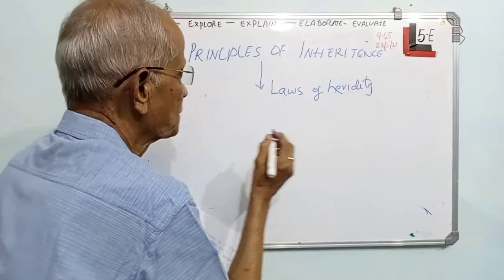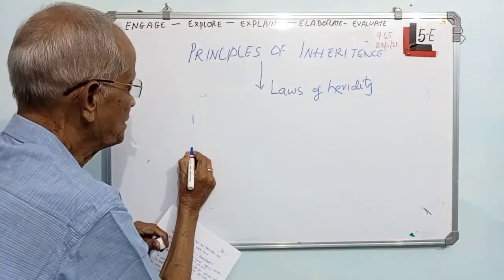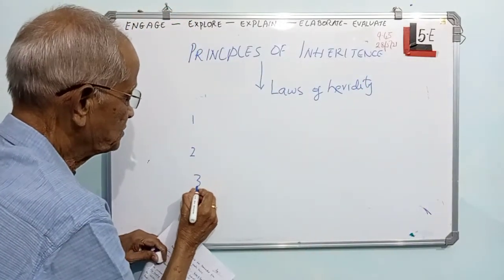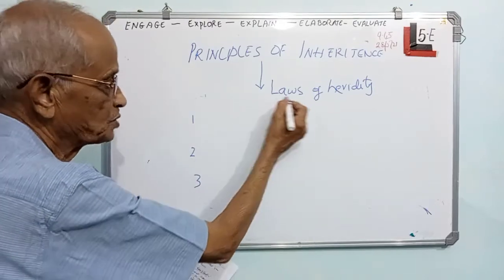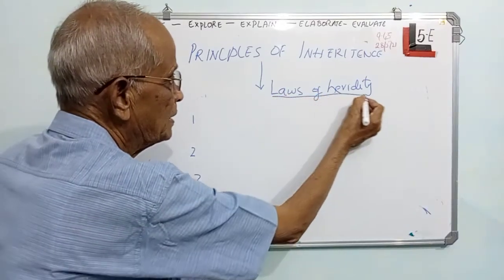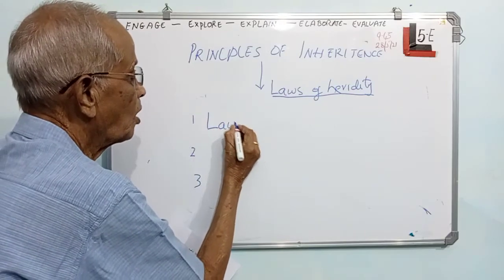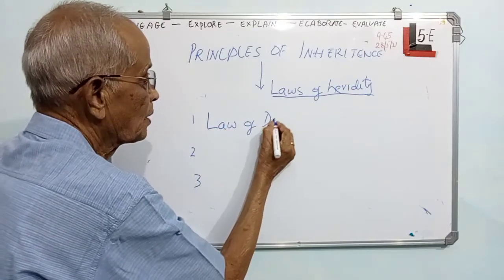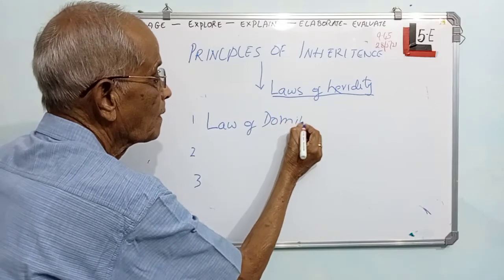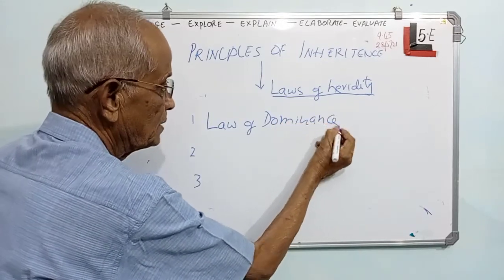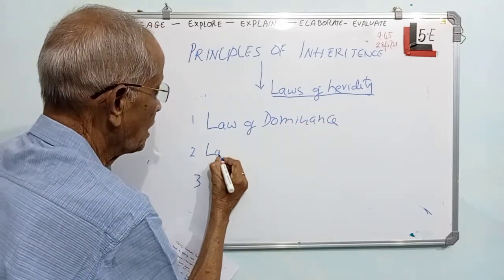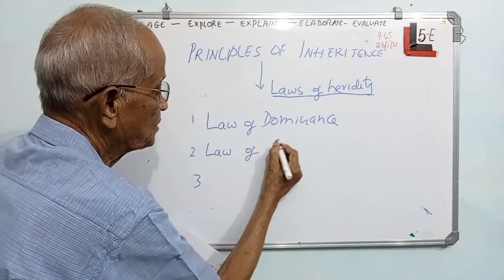So he proposed three very important ideas, which we call the laws of heredity today, or the Mendelian laws. One of them is called the law of dominance. This you must remember. Second is called the law of segregation.